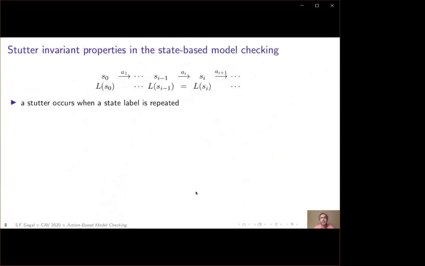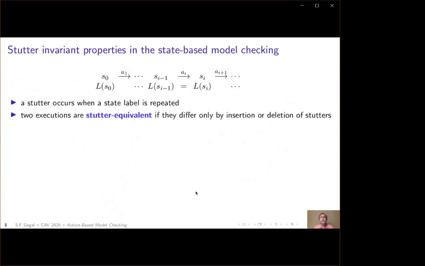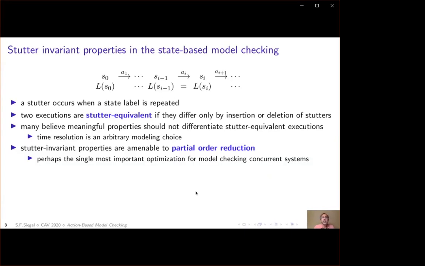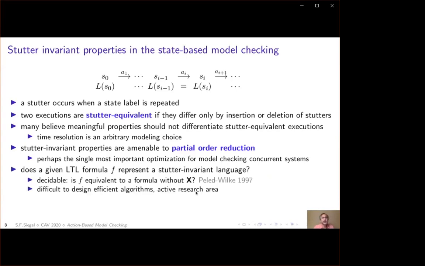Let's review stutter invariance. A stutter occurs in a state execution when a state label is repeated. Two executions are stutter equivalent if they differ only by insertion or deletion of stutters. And as I said before, there's an argument that real properties should not differentiate between stutter equivalent executions, and also stutter invariant properties are amenable to partial order reduction.